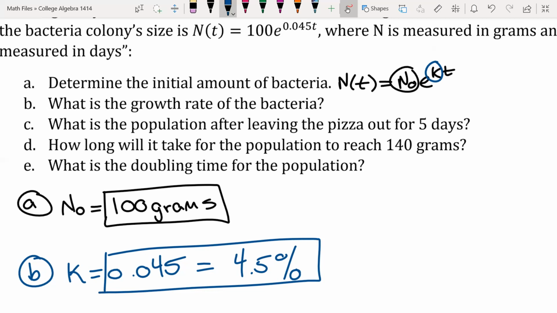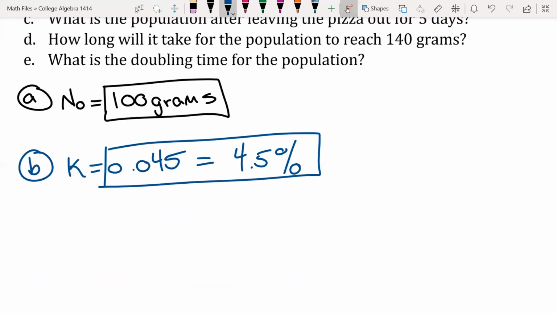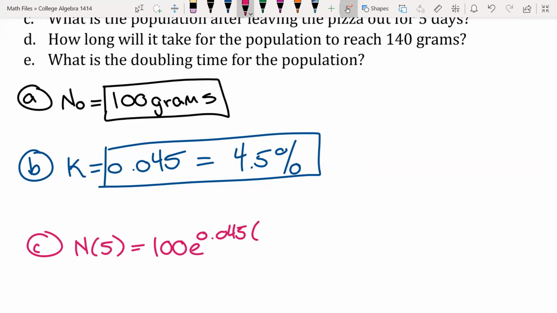So for C, we're going to say n of 5 is equal to 100 times e to the 0.045 times 5. So we're just plugging in 5 for t.